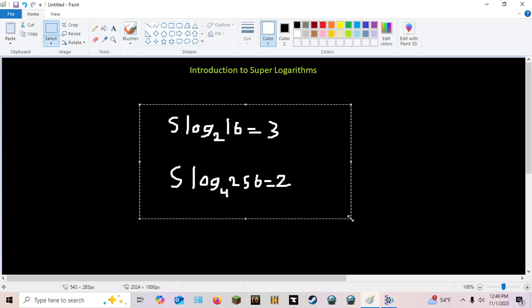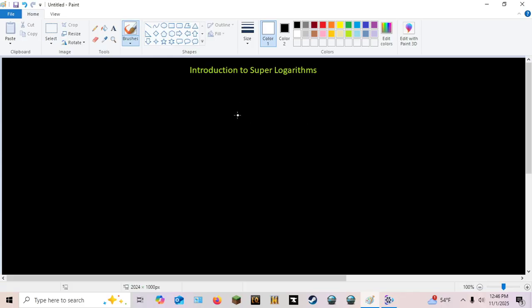Okay, now we're going to get on to some tetration equations. 2 tetrated to x equals 16. I don't want to exponentiate both sides, neither taking the square root of both sides, neither taking the logarithm of both sides, because the inverse of tetration is super logarithms. So let's go take the super logarithm of both sides.